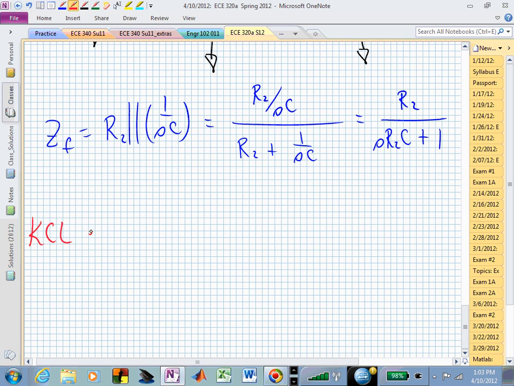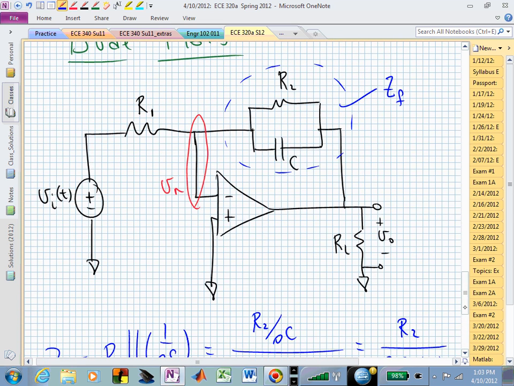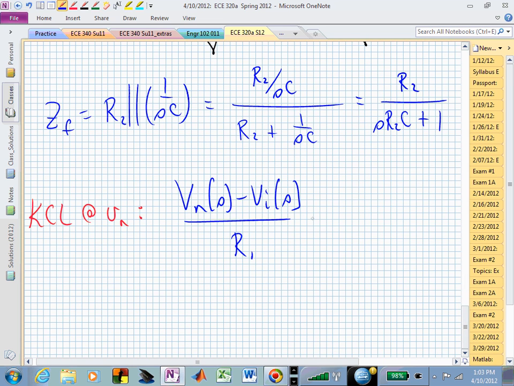If I say KCL at V sub n, hopefully that's clear what I'm trying to say. I now have V sub n of S minus V sub I of S all over R sub 1. That's the current going to the left from that node. And then I have to worry about the current going to the right, which is V sub n of S minus V sub 0 of S over Z sub F, and those sum to 0.